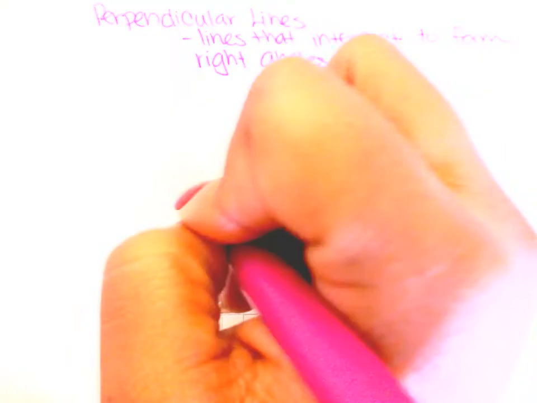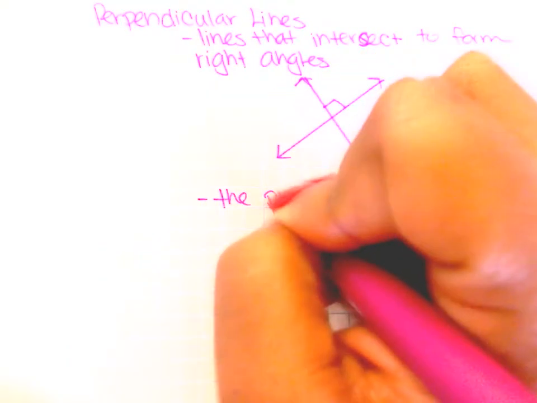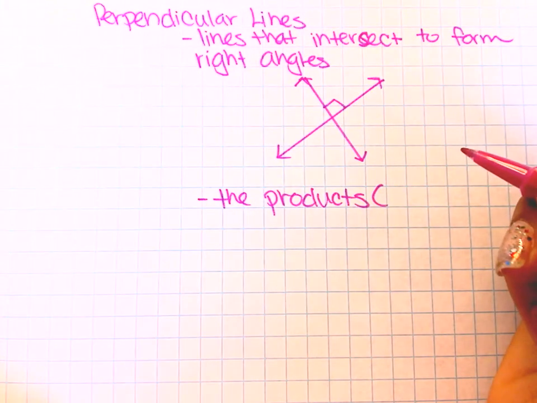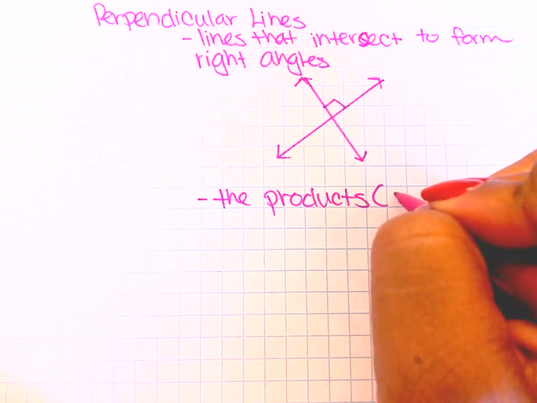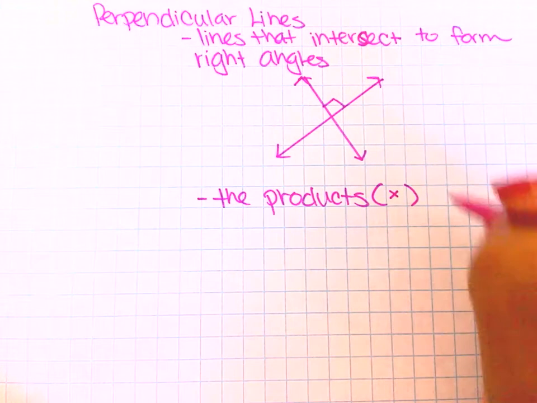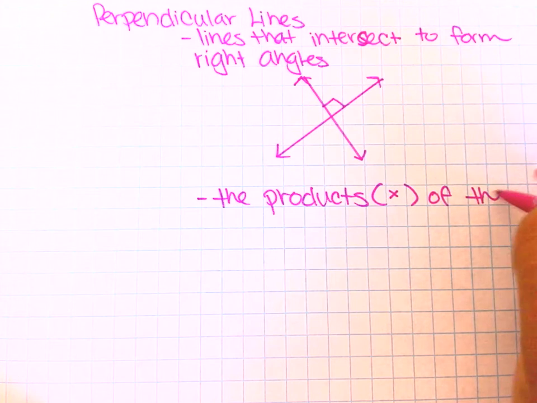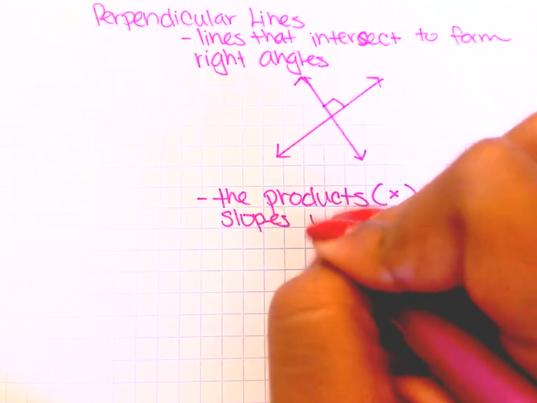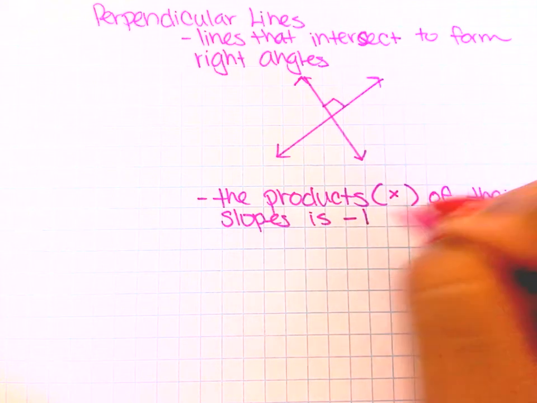Now the note you're going to also write is the products. What does product mean? Multiply, right? The products of their slopes is -1.